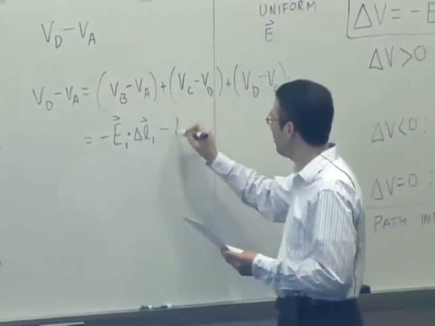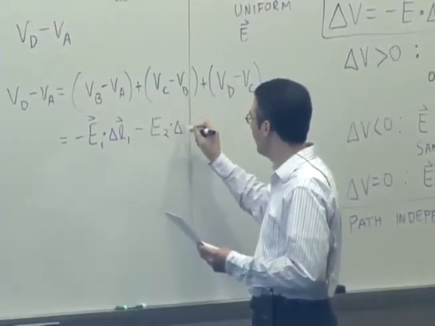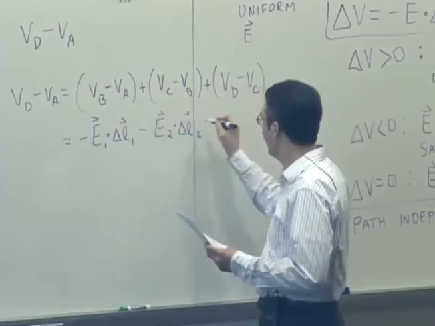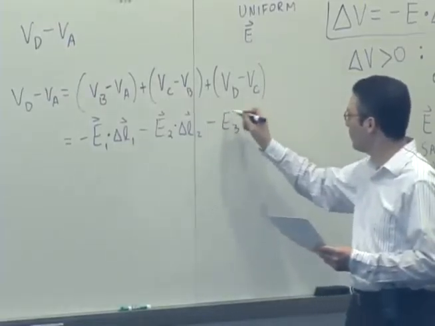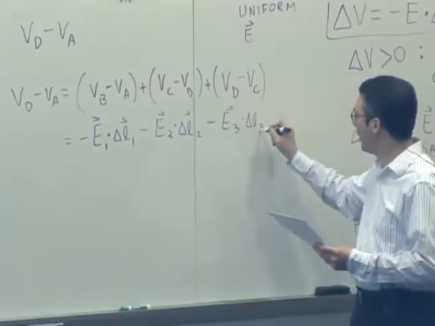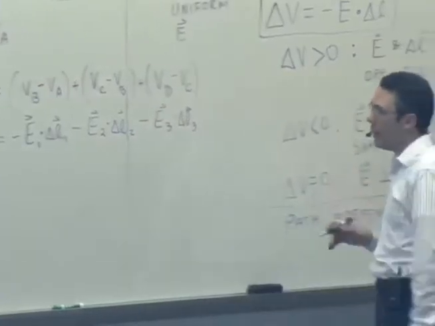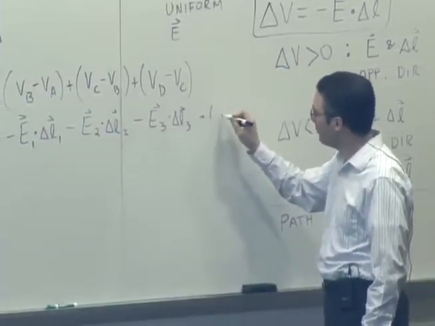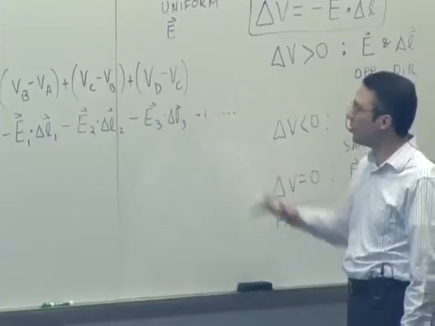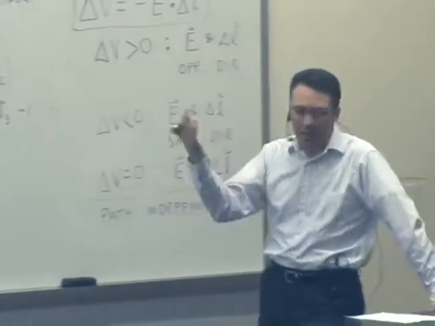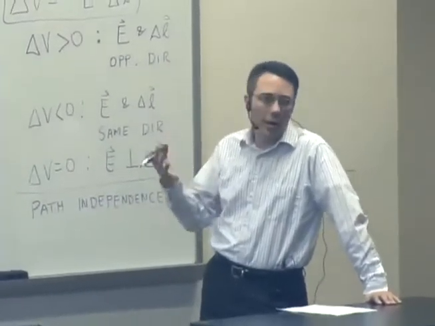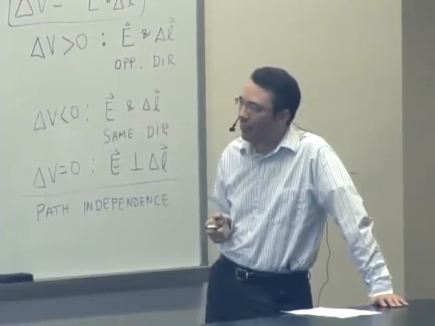So we just add those up. And if we had other regions continuing, we just keep on doing the same thing, adding up the potential difference across each part of the path where we know the field is uniform within that region.